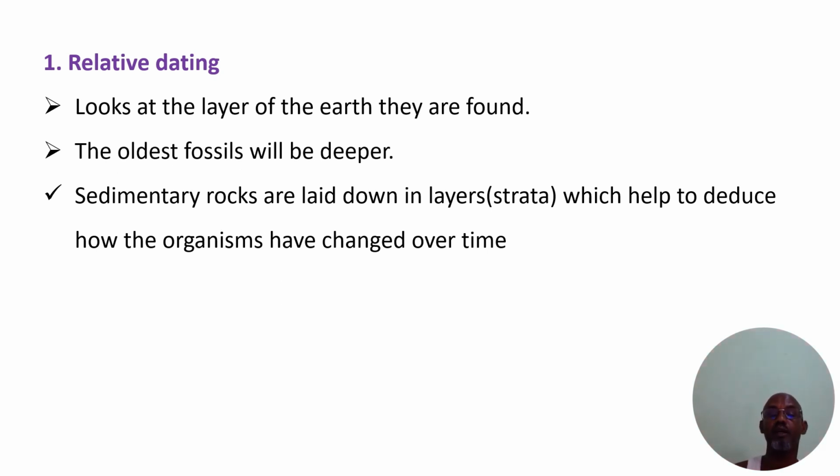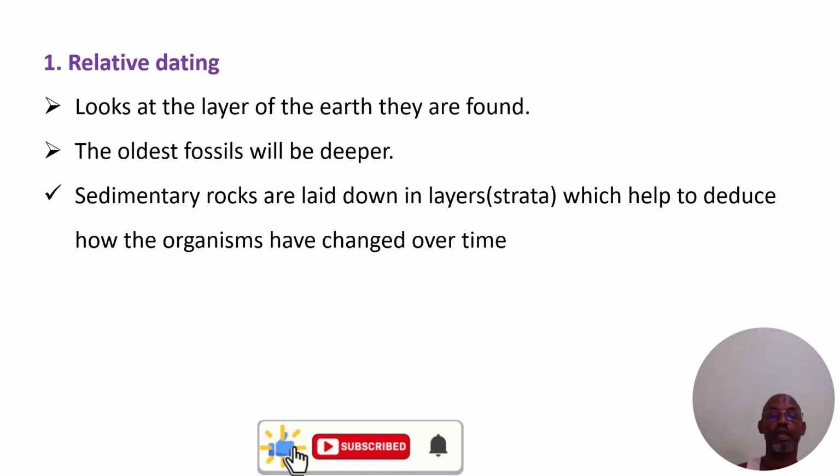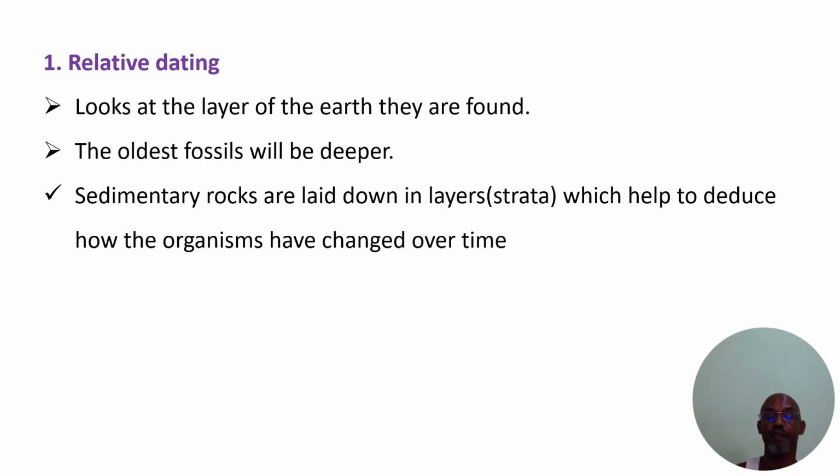The youngest is at the top, in a layer of land from top to bottom. When you cut down into the earth, the deepest fossil is the oldest and the topmost fossil is the youngest. This is relative dating, relative to the position of that fossil.